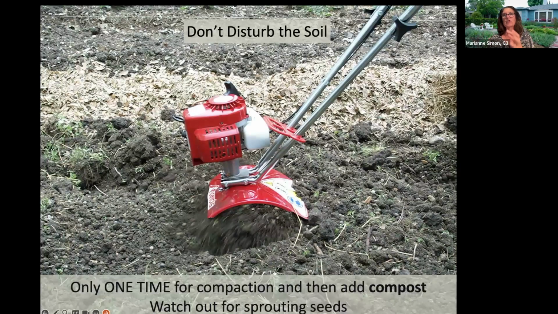And then we don't want to disturb the soil. So once upon a time, I remember, you used to double dig a garden, or you would cultivate it after each season. And every time we do that, it's basically like we've taken that biology universe and hit them with an earthquake, right? So you can cultivate one time to get that compost in, maybe a little bit deeper, and then we do not want to mess with it.